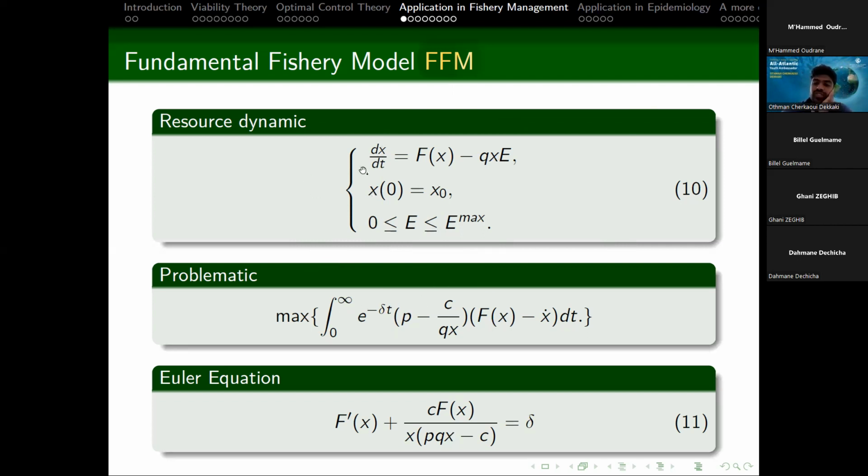And now let's see the problematic. The problematic is maximizing the integral between 0 and infinity of the exponential of minus delta t. This is an economic thing. (p minus c over qx) multiplied by (f(x) minus x dot).